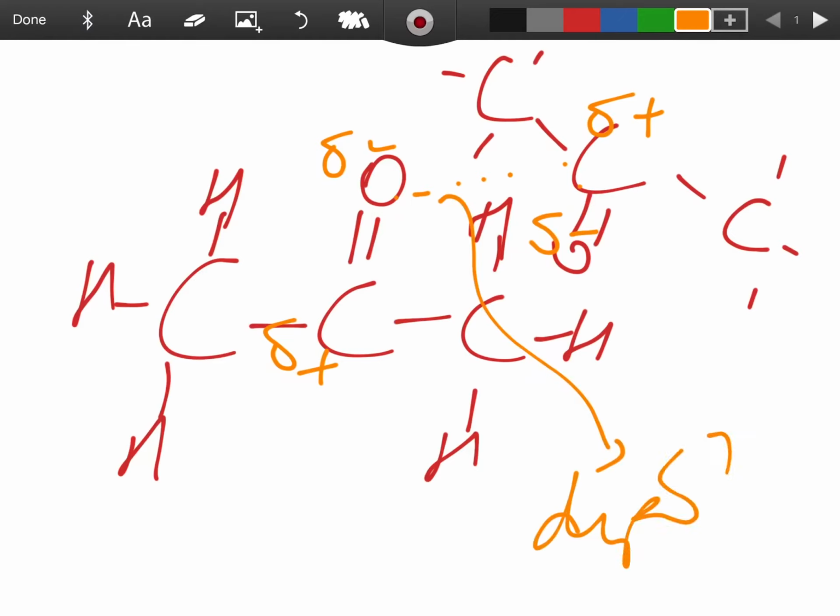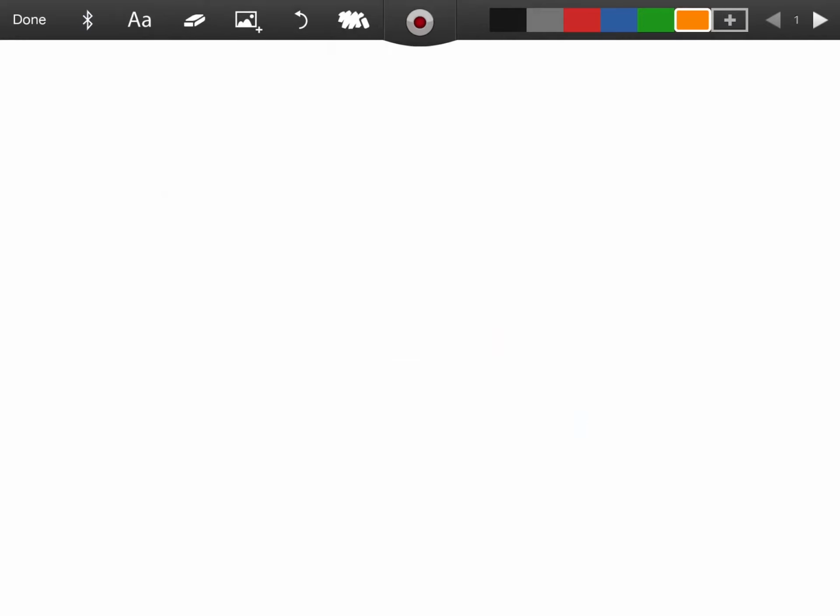What type of interaction is that? Dipole forces. Again, you can't have hydrogen bonding there because you don't have oxygen bonded to hydrogen; you have oxygen bonded to carbon. So ketones would have slightly higher boiling points than alkanes, alkenes, alkynes, but lower boiling points than the alcohols, because alcohols can have hydrogen bonding.